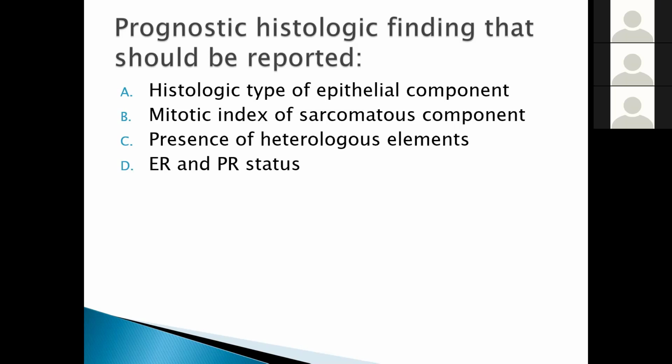The mitotic index is going to be high. That doesn't alter anything, but heterologous differentiation, meaning what are the more common ones? Rhabdo, chondroid, osteoid, yeah. Those we comment on. They tend to do worse. We also comment on sarcomatous overgrowth. And the hormone receptor status will not change.